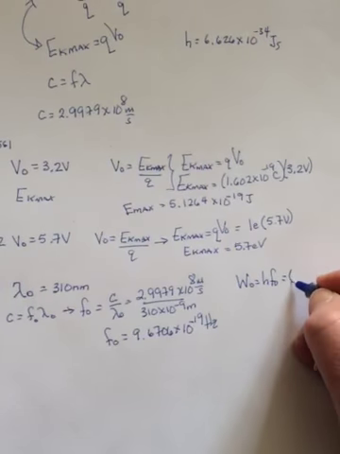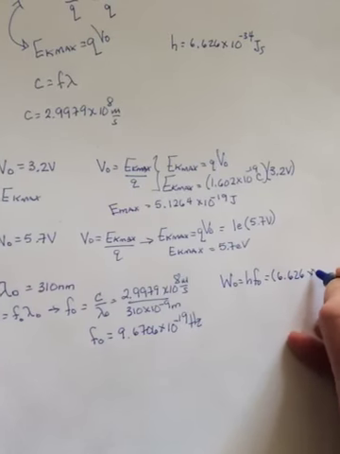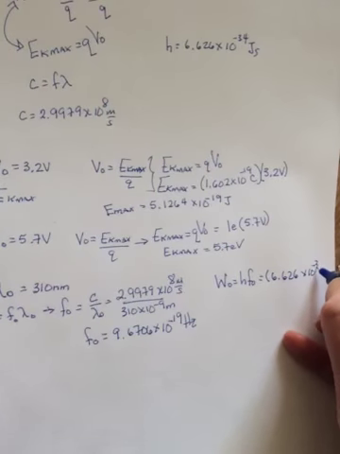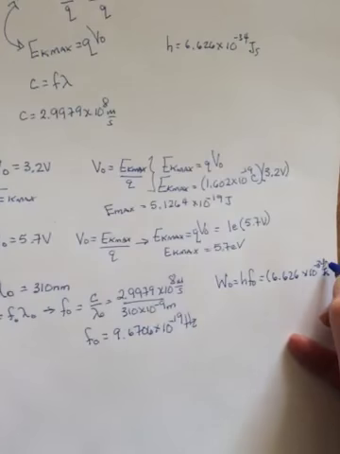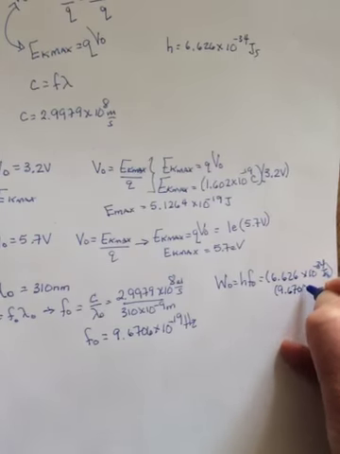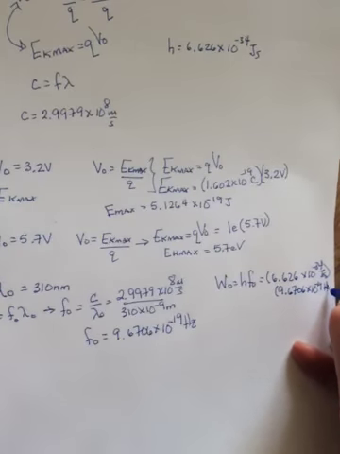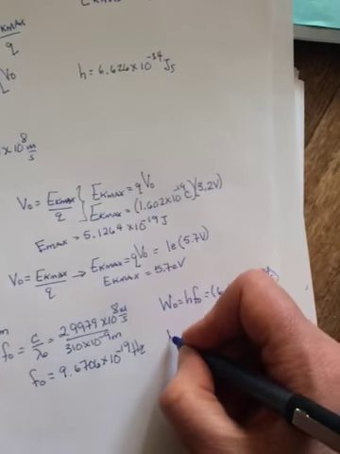So WO is equal to 6.626 to the negative 34 joules seconds times that 9.6706 to the negative 19 hertz. Oops.